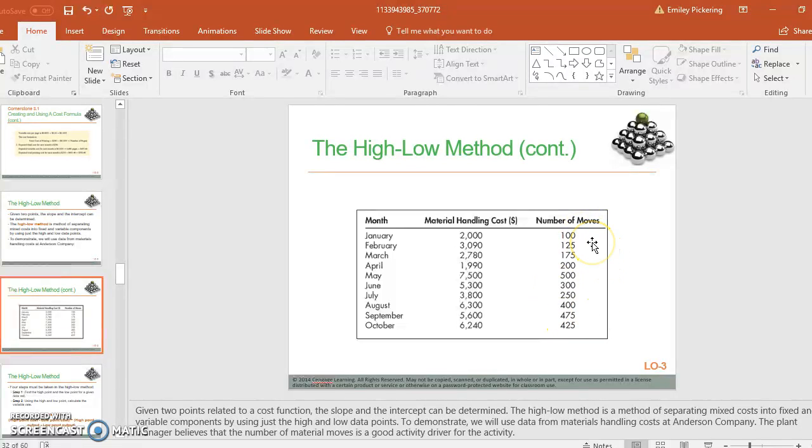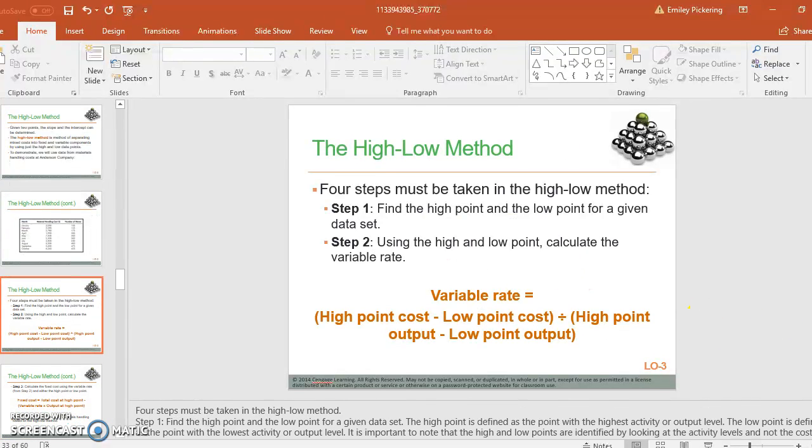So looks like the lowest number of moves is January and the highest number of moves is May. All right. So you're going to want to go ahead and write those down along with the cost here. So 500 is 7,500. 100 is 2,000. And you're going to turn that into a fraction. Okay. So it's going to be your high point minus your low point divided by your high output minus your low output.